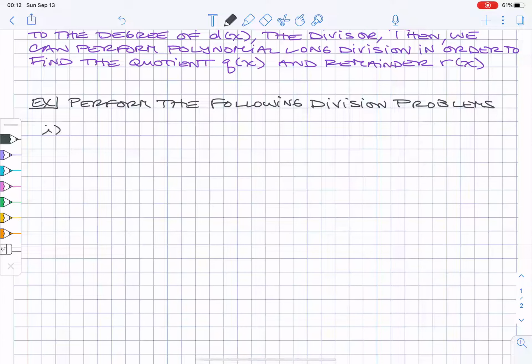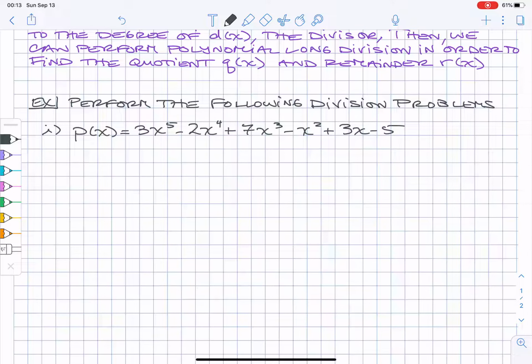Number one, let p of x be equal to 3x to the fifth minus 2x to the fourth plus 7x cubed minus x squared plus 3x minus 5. And let's have the divisor, d of x, be equal to x squared plus x plus 1.